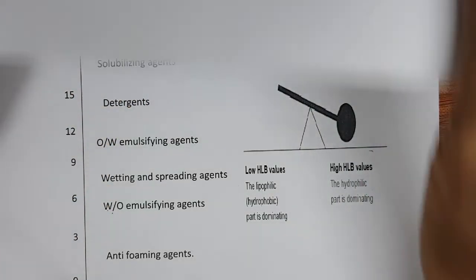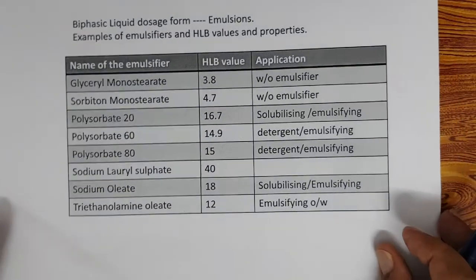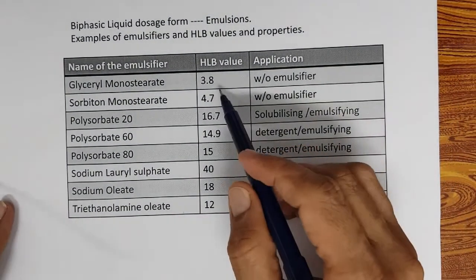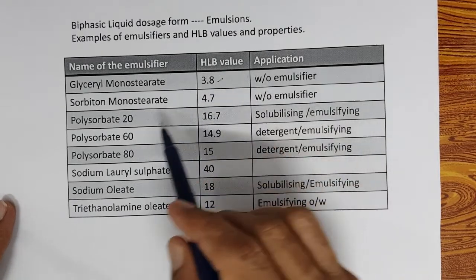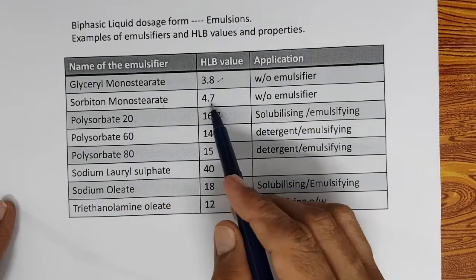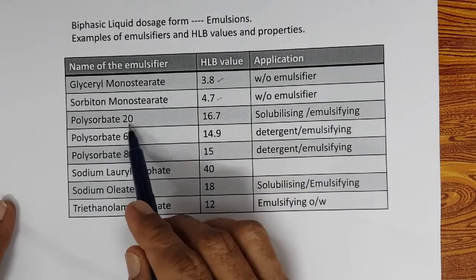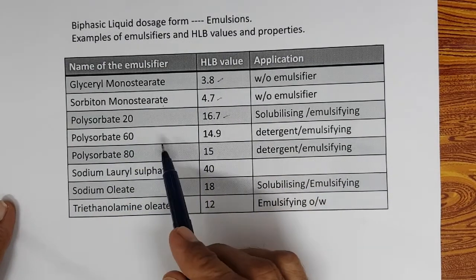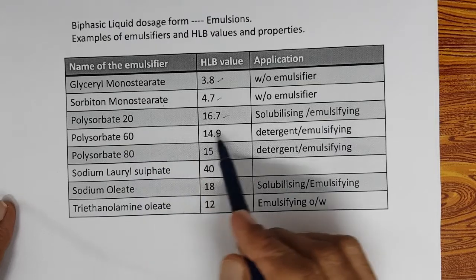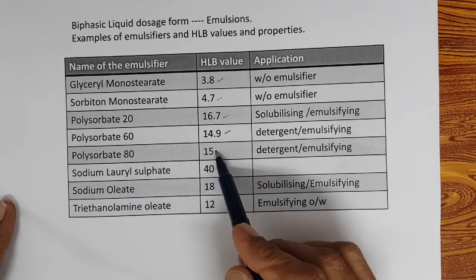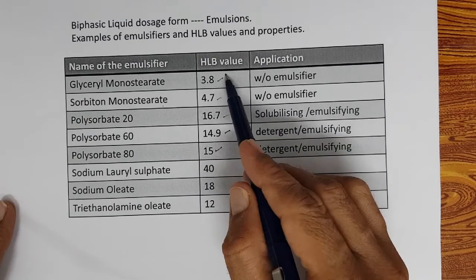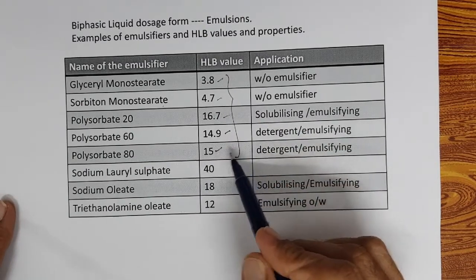The HLB of some ingredients: GMS, glyceryl monostearate 3.8, sorbitan monostearate 4.7, polysorbate 20 16.7, polysorbate 60 14.9, polysorbate 80 15. These are all non-ionic emulsifiers.